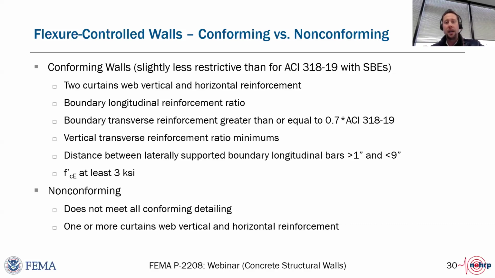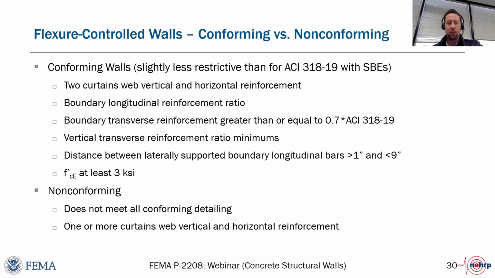But I'll bring up a caveat that this does not apply to inadequate lap splices. I mentioned earlier that this database did not consider inadequate lap splice walls, and the intent was not to say that if you don't meet all these requirements, you always get to use the non-conforming table. We're actually talking about a code interpretation. I can't remember exactly what it's called, but ACI 318 actually did this recently for some of their provisions, and ACI 369 is considering the same thing, to basically allow for a question to be asked to ACI.